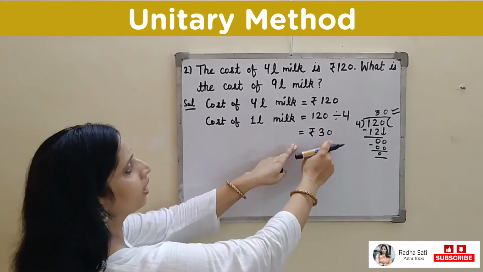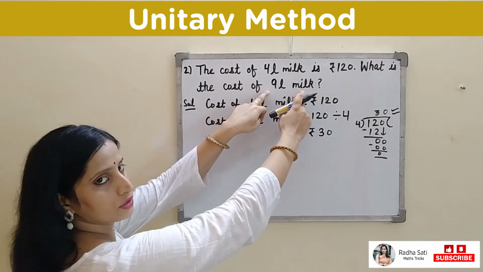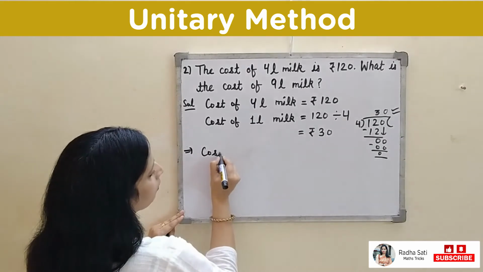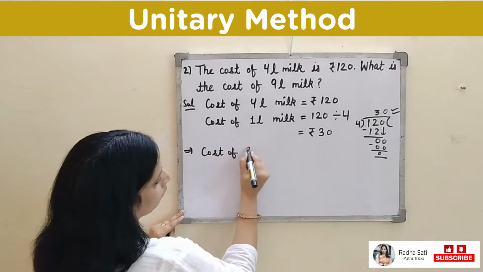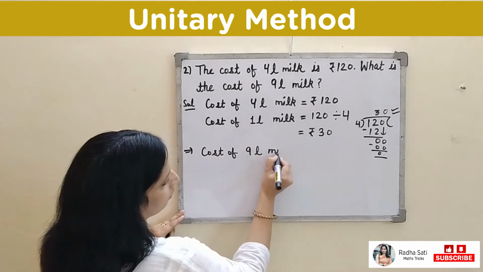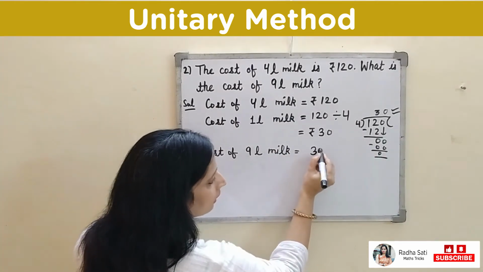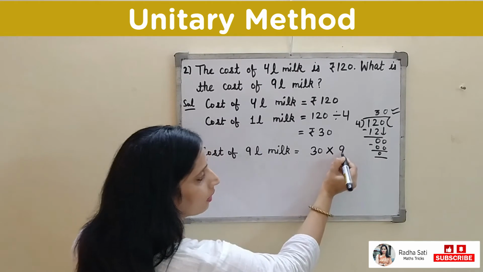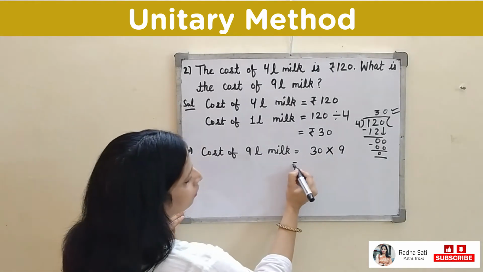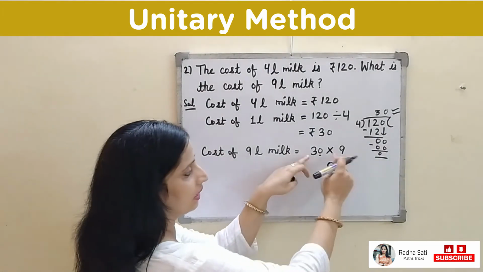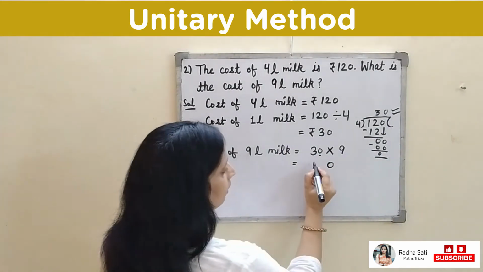And now we have to find out the cost of 9-liter milk. So to find out the cost of 9-liter milk, we will multiply. Cost of 9-liter milk will be, now we will multiply 30 multiplied by 9. So here is 10, we will put 10 and then 9 3s are 27.